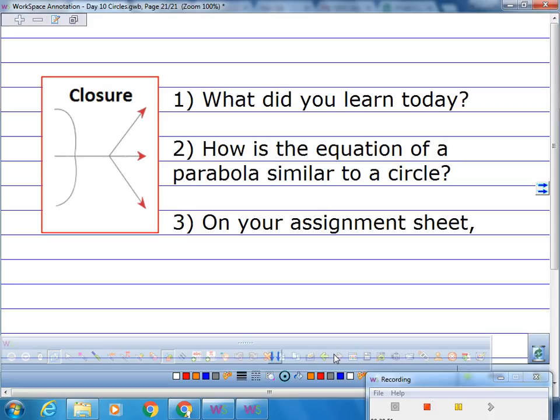Okay, how is the equation of a parabola similar to a circle? Right? I heard it from Barry. Instead of having just an x squared or a y squared, they're both squared.